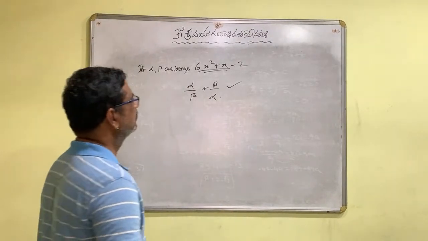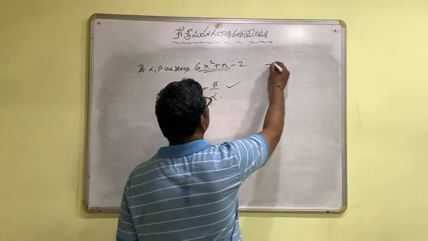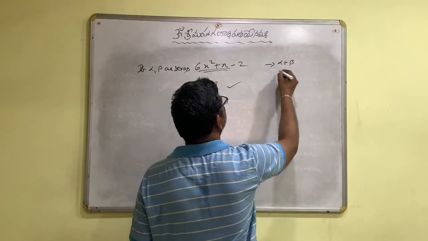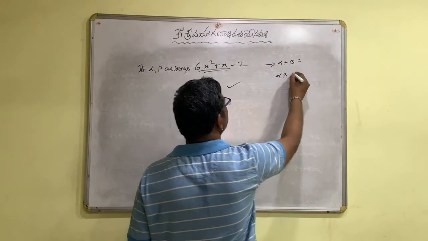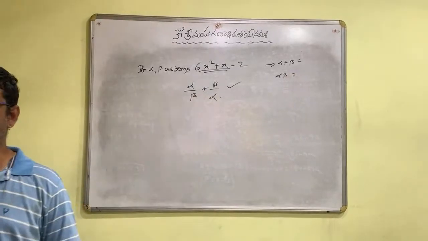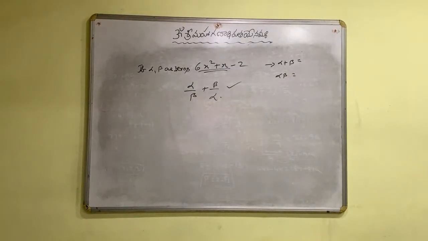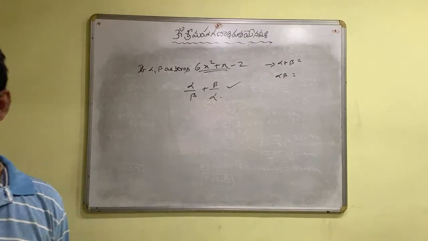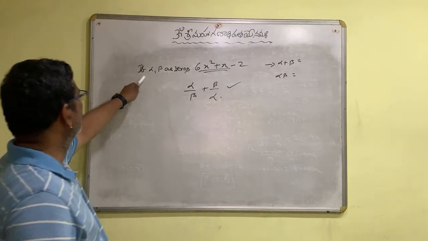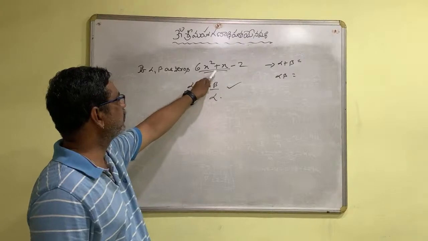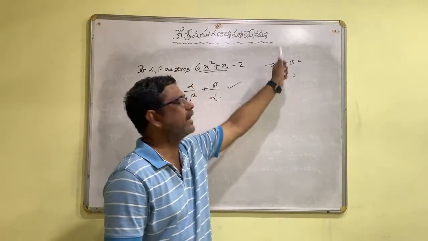So children, immediately you need to write what is alpha plus beta and alpha beta for every problem. Given alpha, beta are zeros of this polynomial, immediately write these two values.